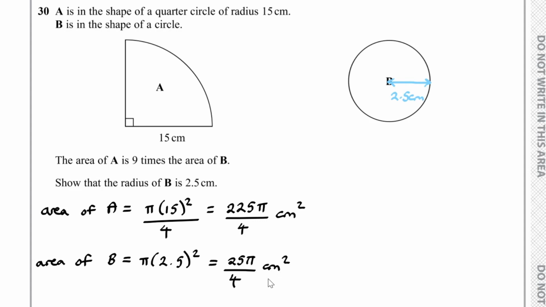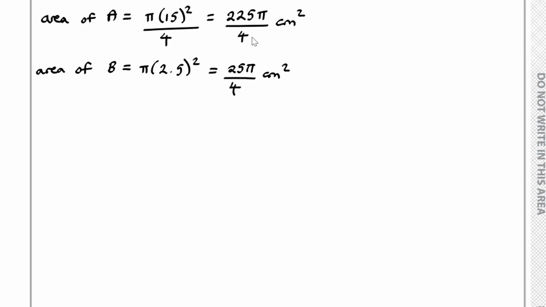And you'll notice over here, if I divide these two and get 9, then we've shown it, because then we've shown that A is 9 times the area of B. So the rest of the statements follow.